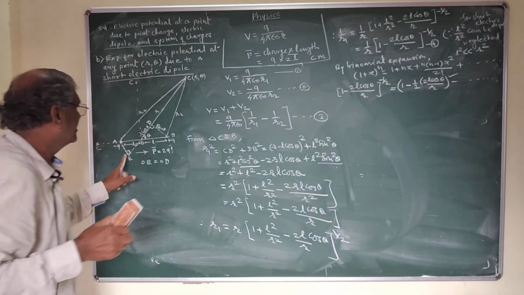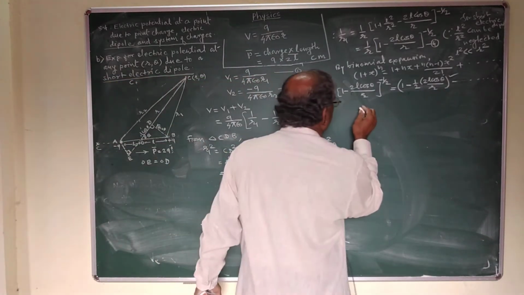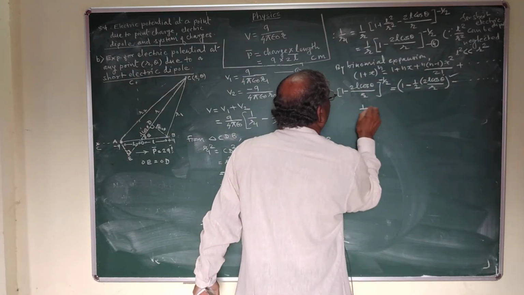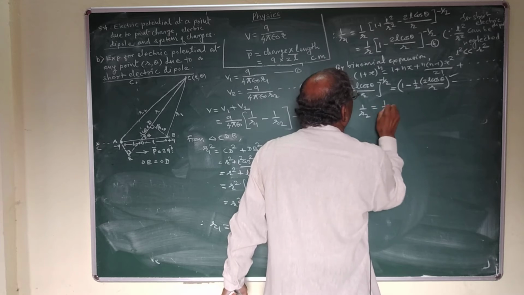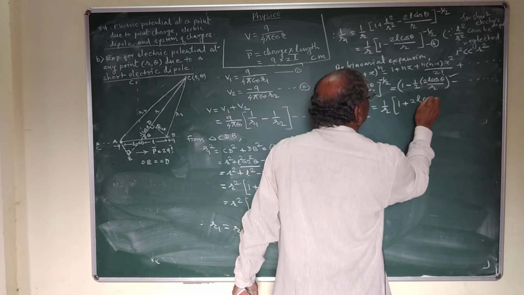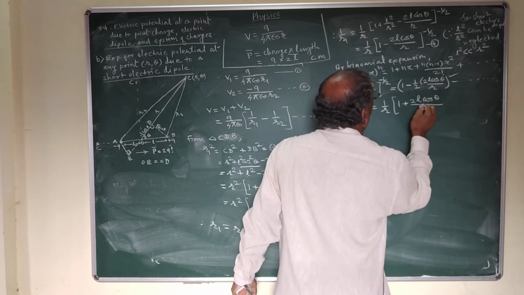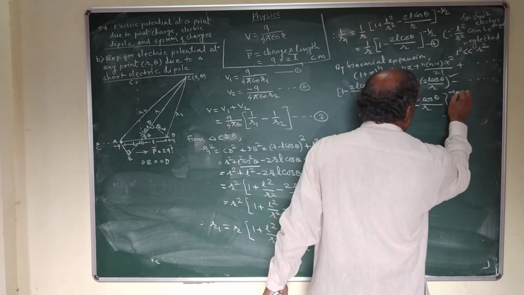Similarly, we can find the value of 1 upon R2. 1 upon R2 is equal to 1 upon R in bracket (1 plus 2L cos theta upon R) to the power minus half.